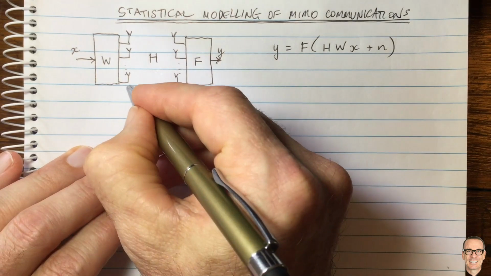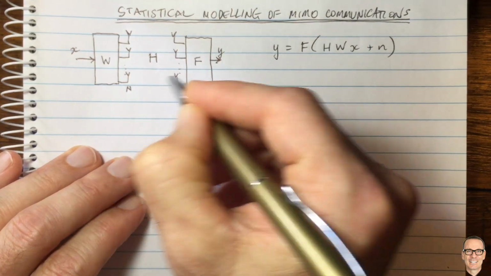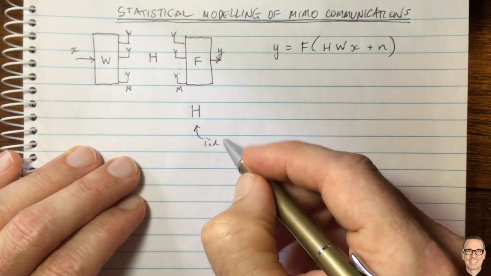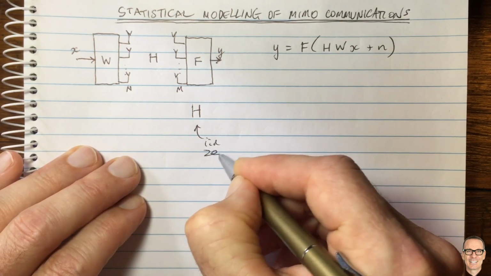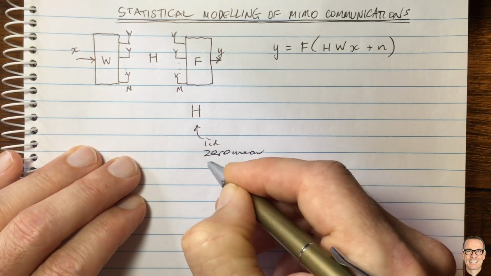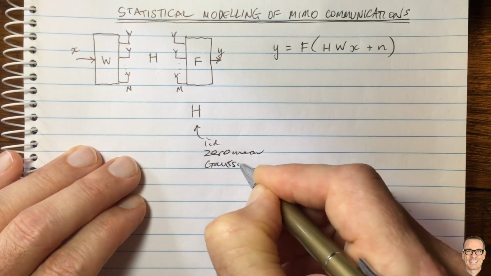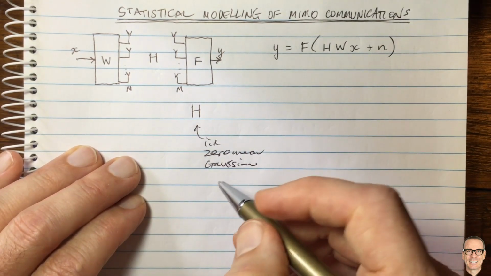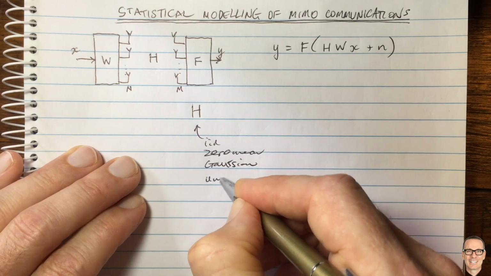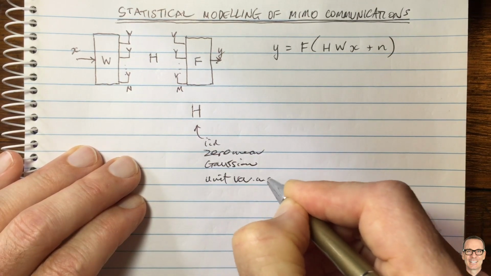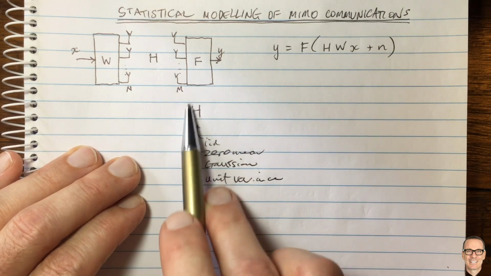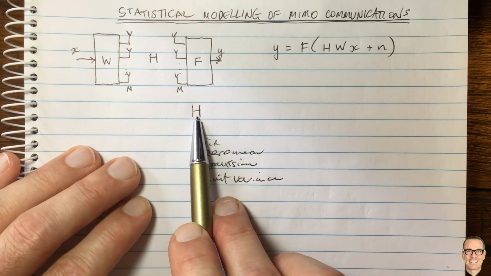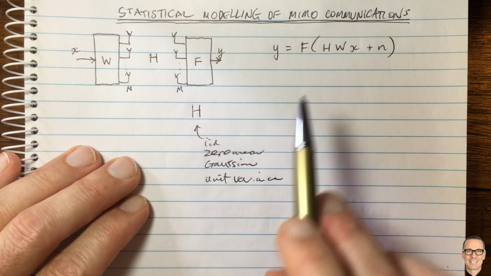It's a matrix because there's N transmit antennas and M receive antennas. So it's an IID matrix, zero mean, complex Gaussian with unit variance. And so that is one model that you can assume for the channel matrix.